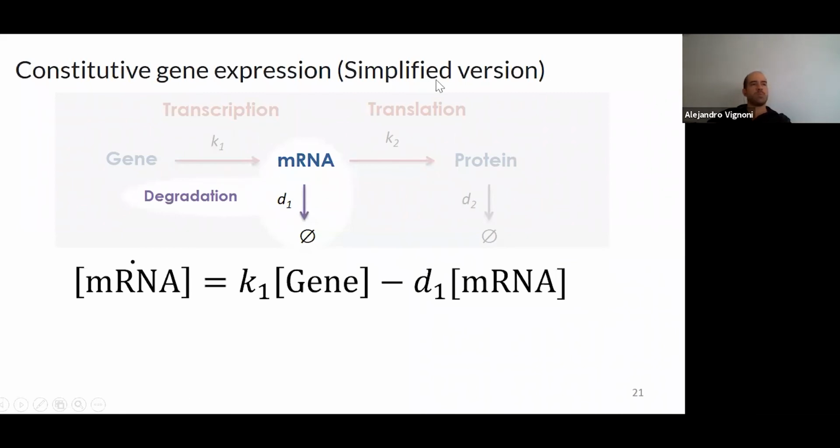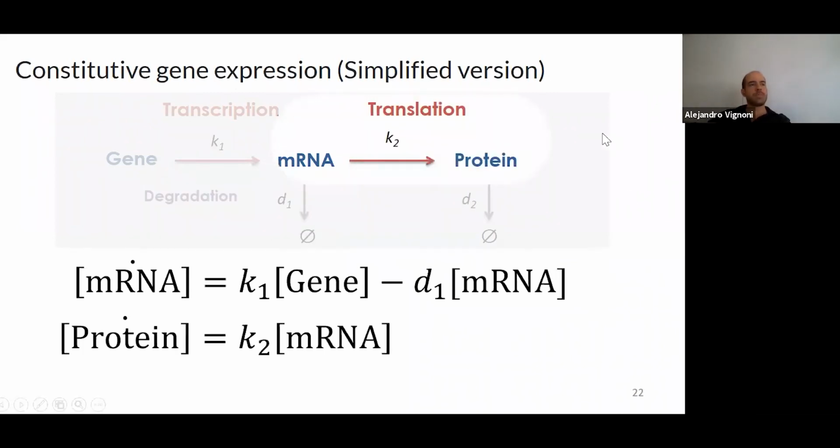So now we go to translation, and we want to see how the amount of protein changes in time. From this reaction, we will have a positive term, which is K2 times the amount of mRNA we have, this one times this one.